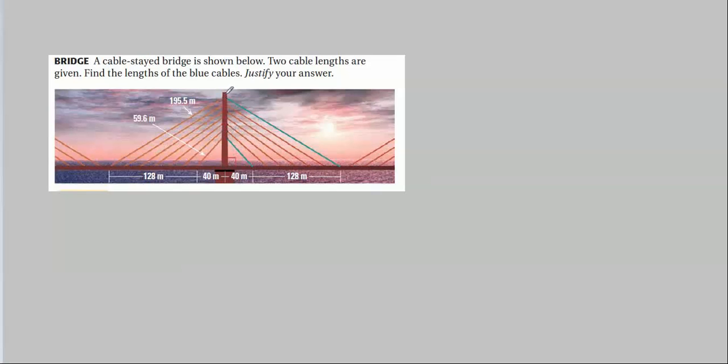So, every point on this vertical line here is equidistant from these two endpoints also. Means this blue line must be the same length as this red line. Boom, we're done. It took way longer to explain that than it did to write out the answers. You probably had it figured out in about 10 seconds, right?